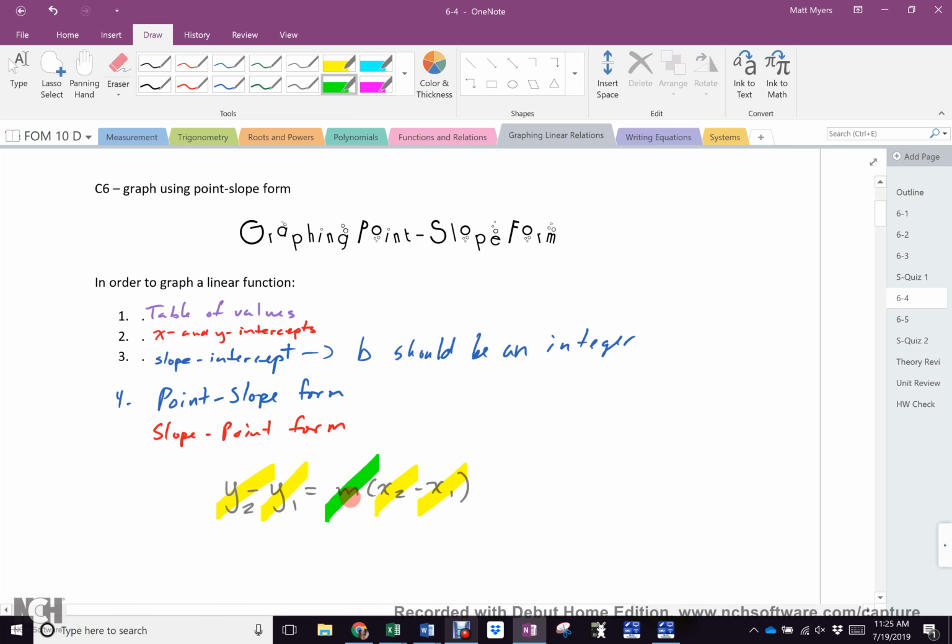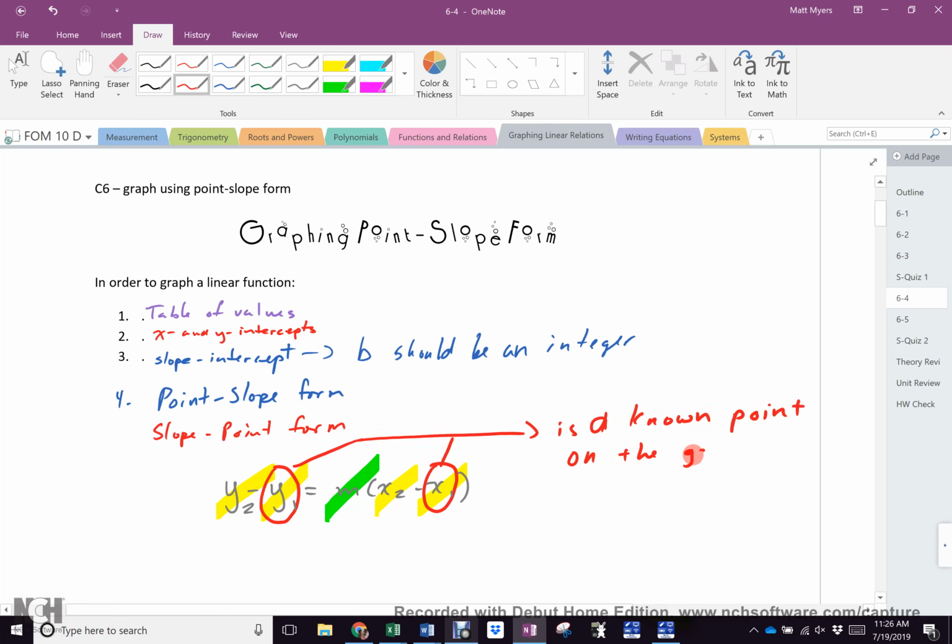And we have seen this everywhere, right? M is slope. Now, the thing that's nice about this is this point right here is a known point on the graph.